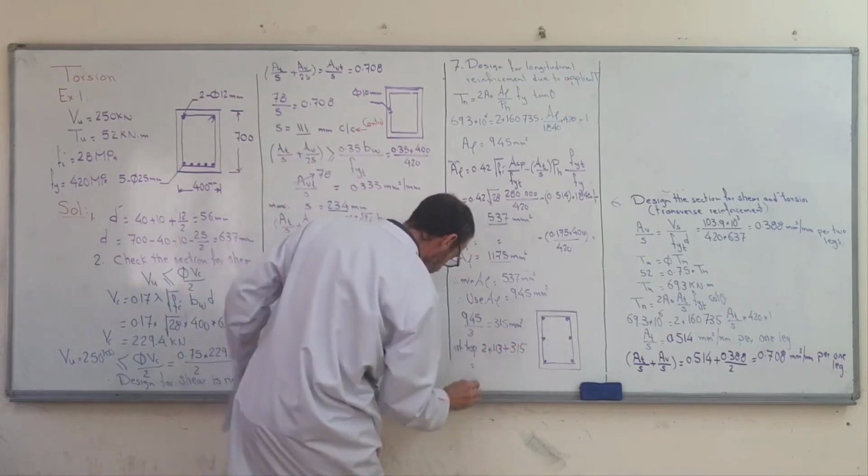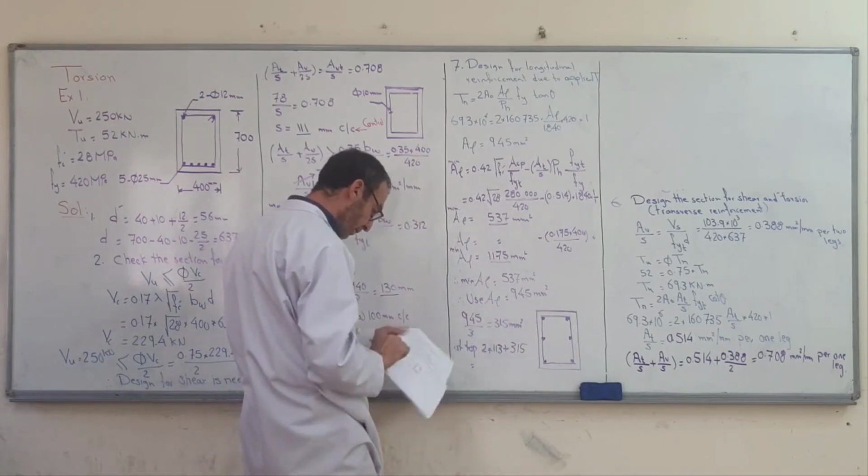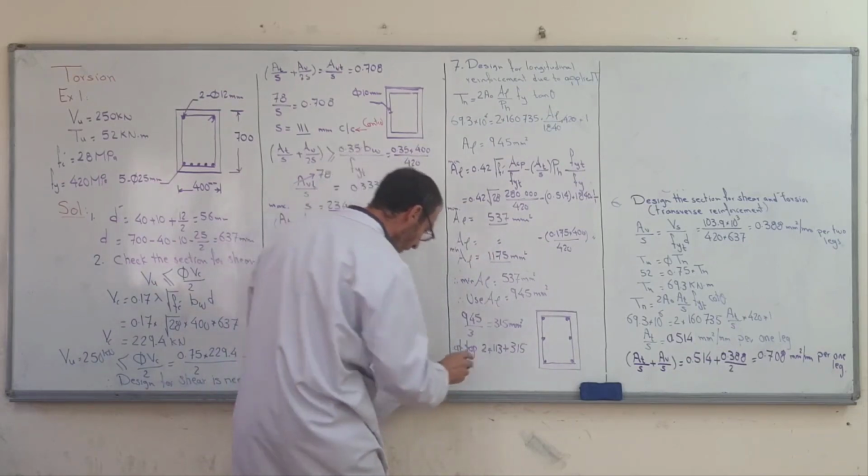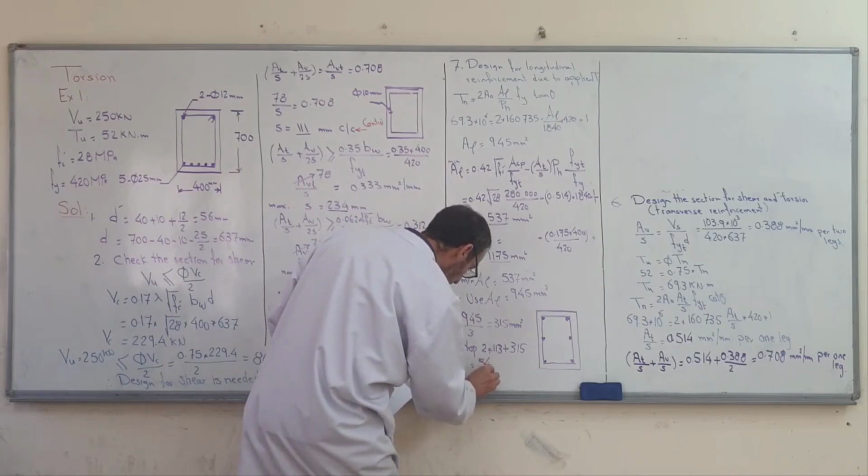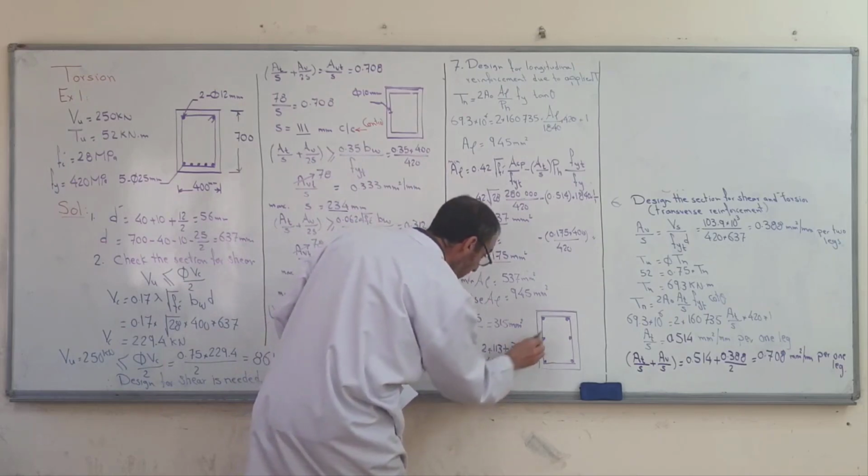So totally at top, 541 millimeter square must be provided.